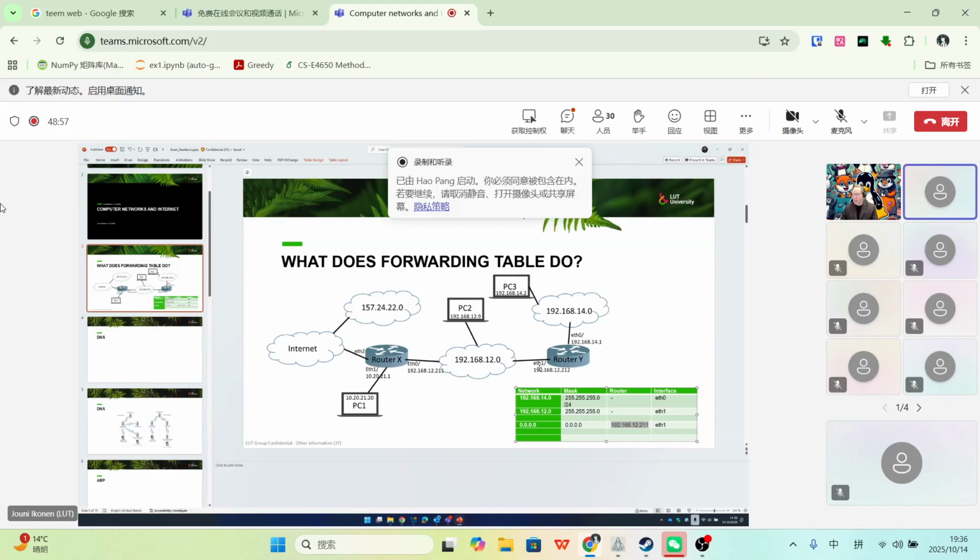Can I ask something? Yes, please. The question also said that the connection between PC1 and router X is technically also a network. Were we supposed to not add this one either? You can add that. It is a private address, so you can. I did not deduct points from anybody who marked this.